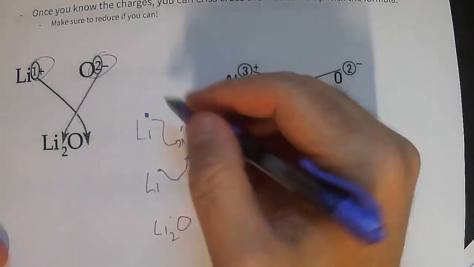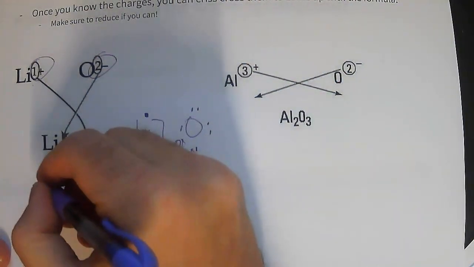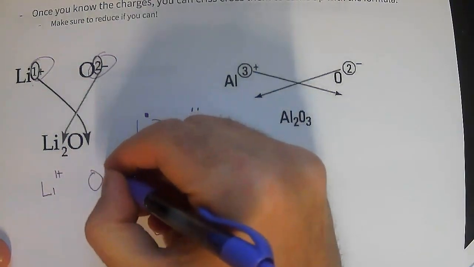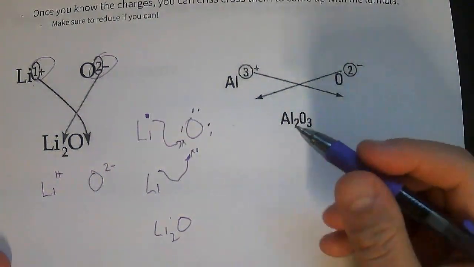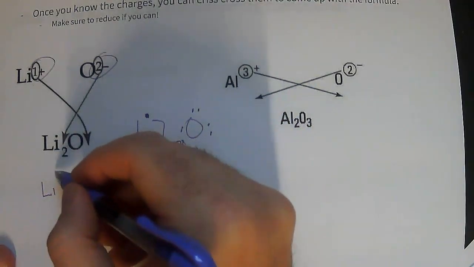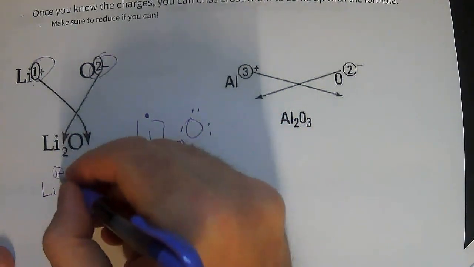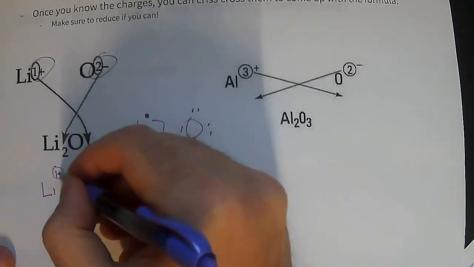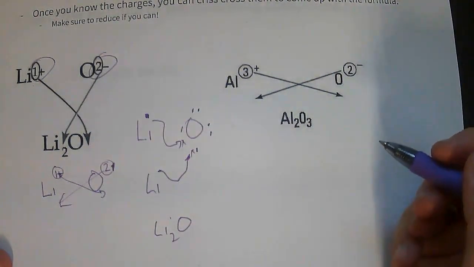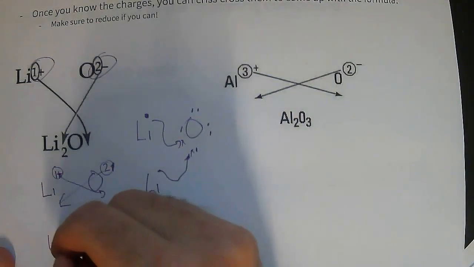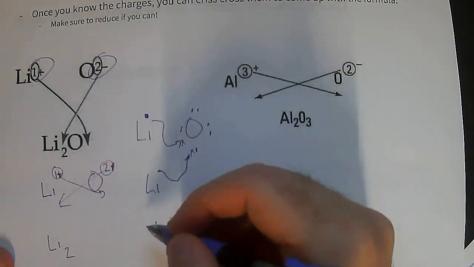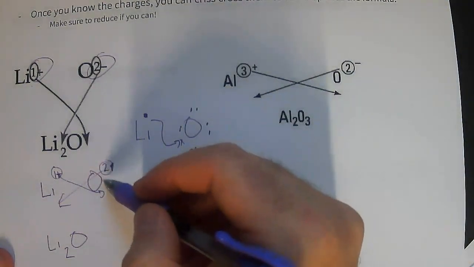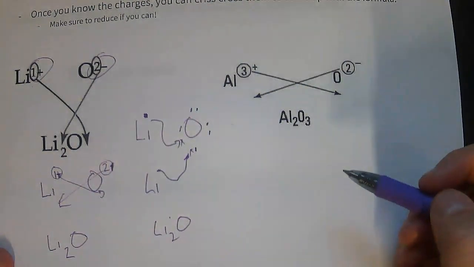If we know what charge these things are, look, Li forms a 1 plus charge, and oxygen forms a 2 minus charge. What we can do is crisscross these charges, leave off the sign, and so that means we're going to need 2 Li's to cancel out the 1 oxygen that's there.